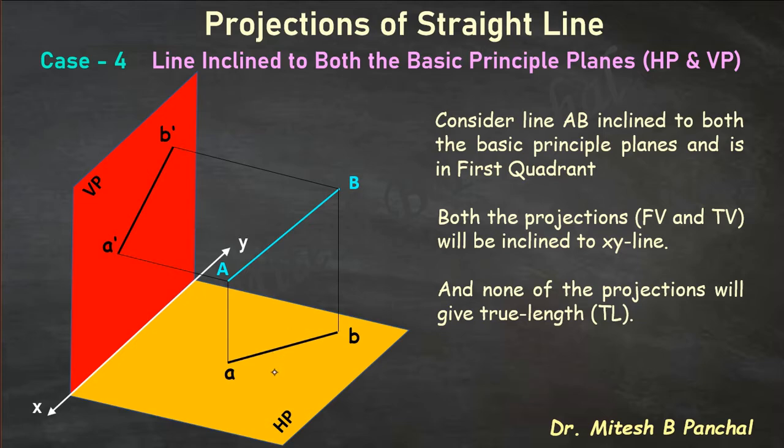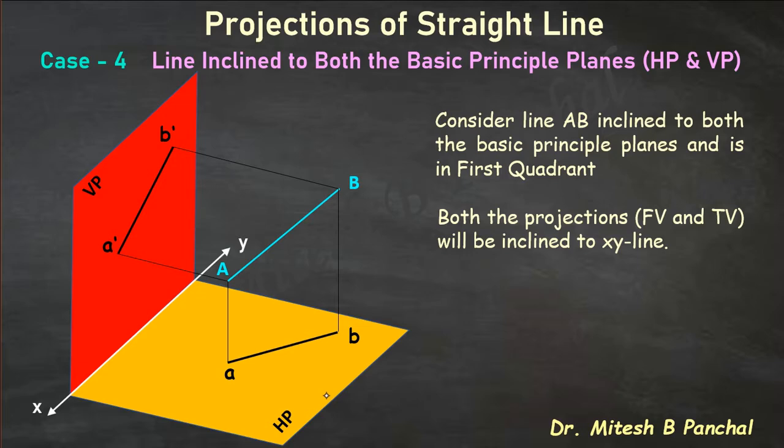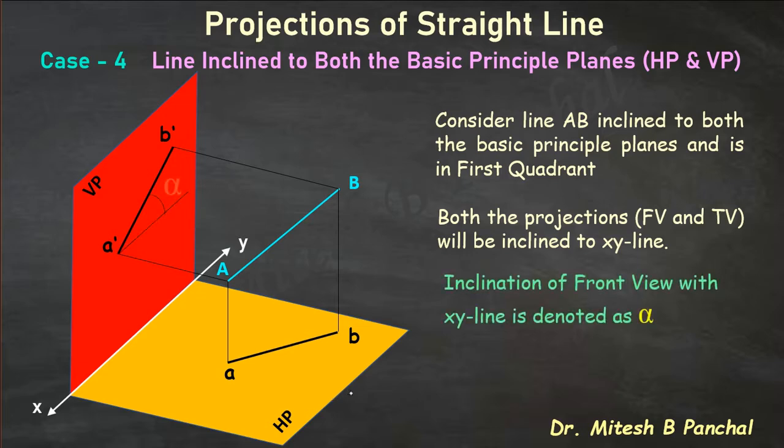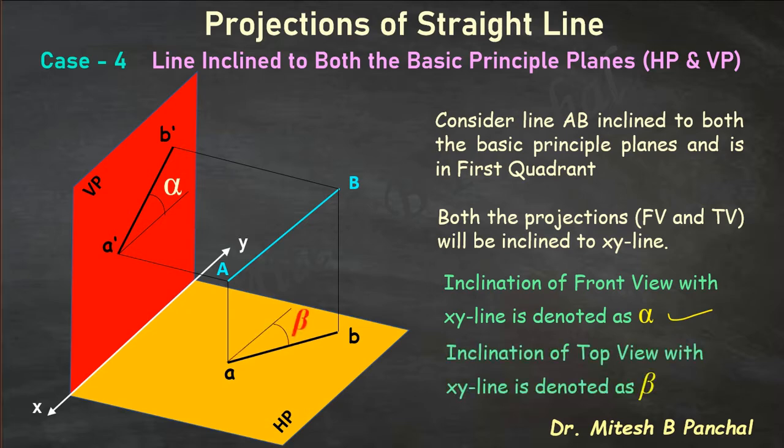Here both the projections will give apparent length, that depends upon the inclination with HP as well as inclination with VP. Inclination of the front view with XY line is denoted by alpha, and inclination of top view with XY line is denoted by beta.